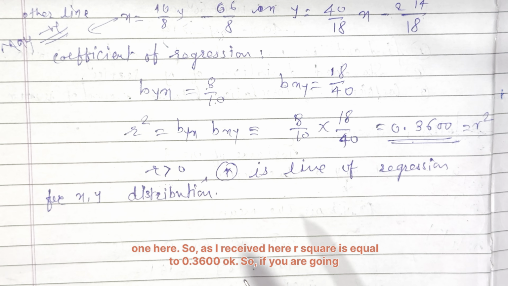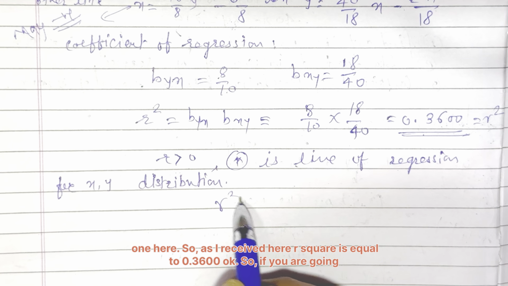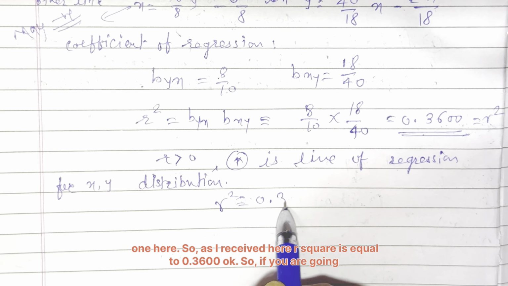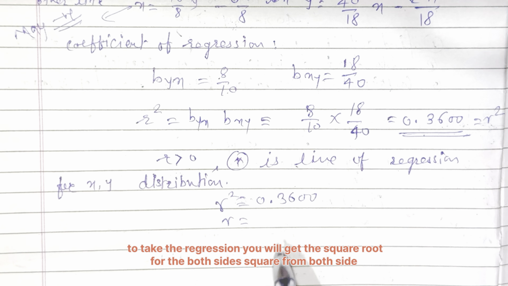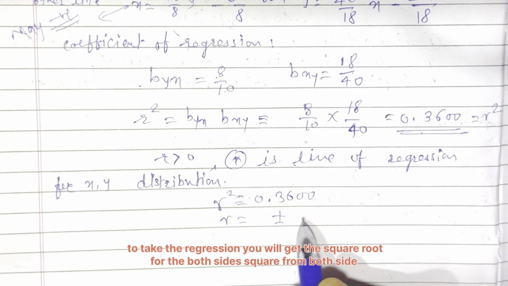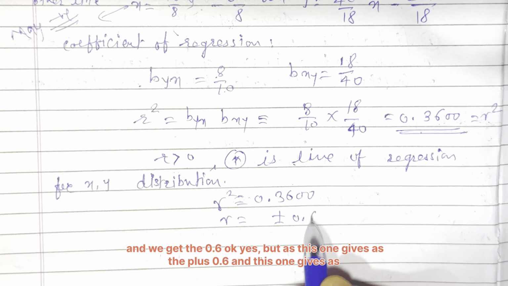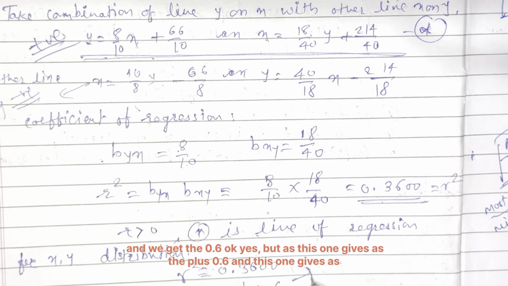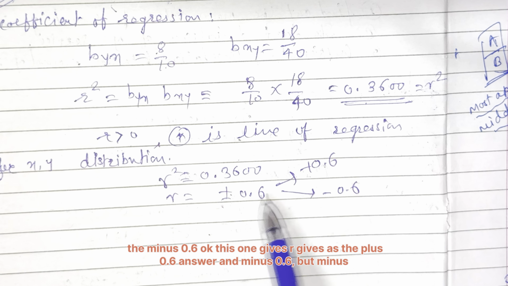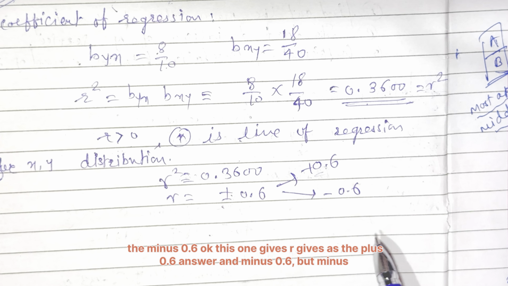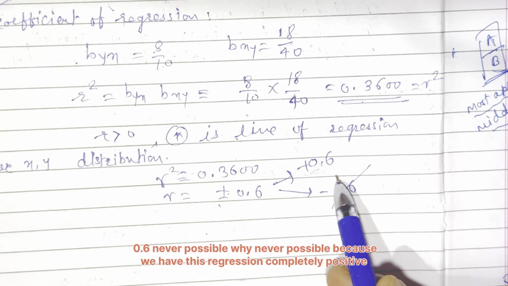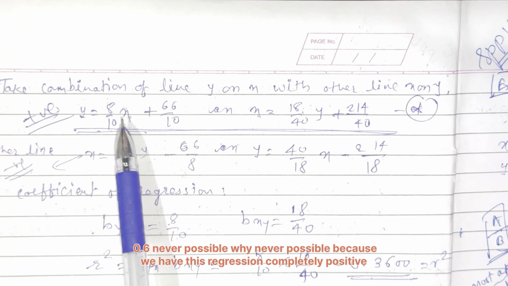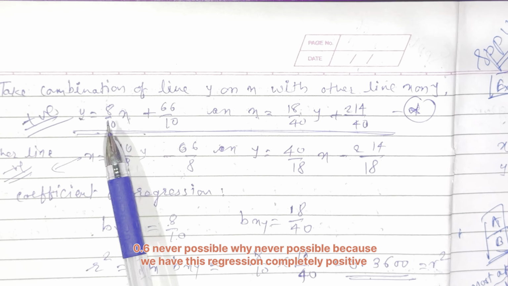So I'm taking this one here. As I received, r square is equal to 0.3600. Taking the square root of both sides, we get 0.6. This gives us plus 0.6 and minus 0.6, but minus 0.6 is never possible, because this regression is completely positive and there is no negative value possible from it.